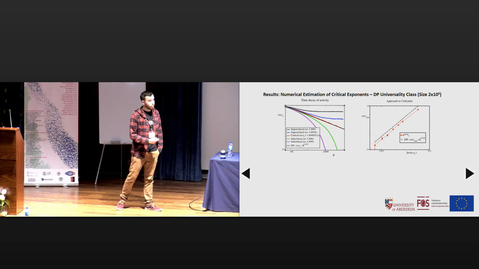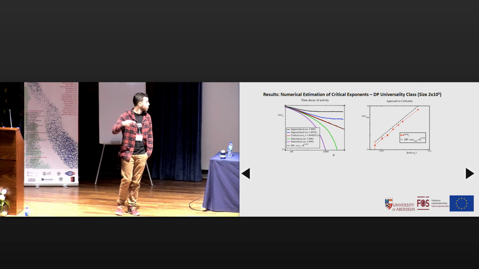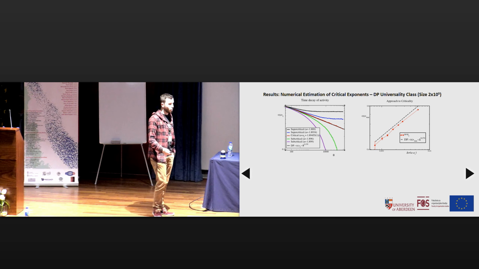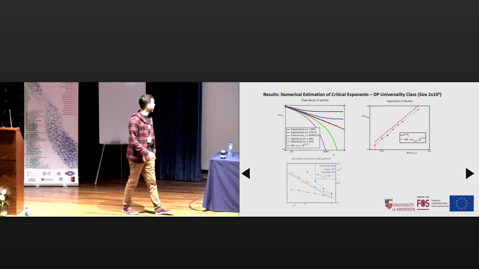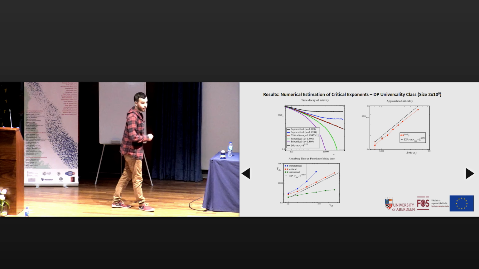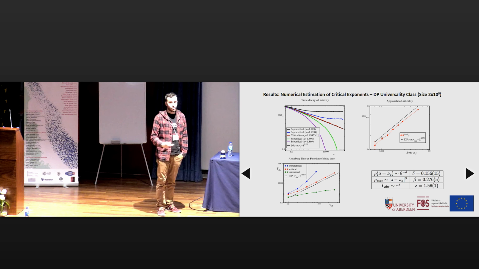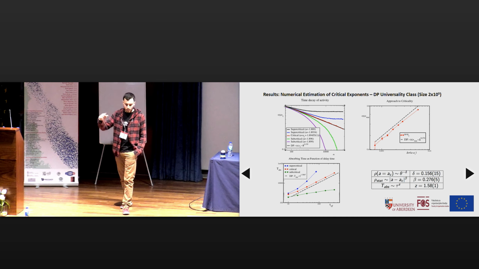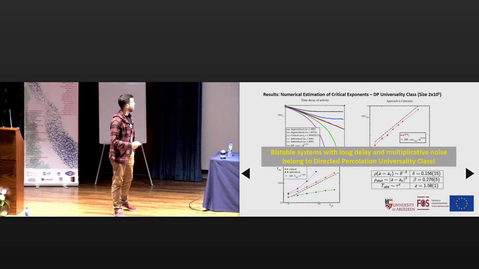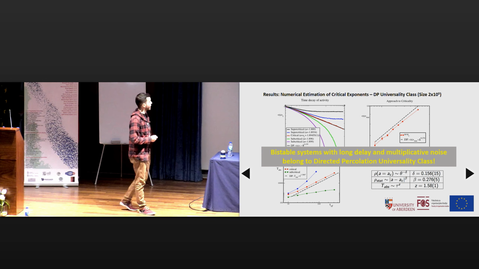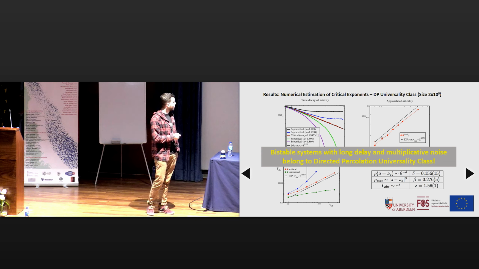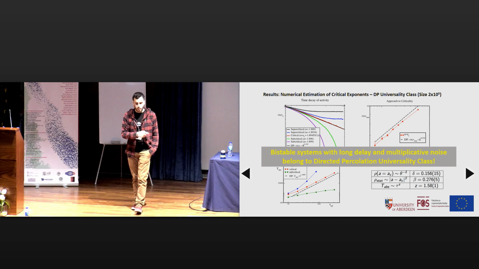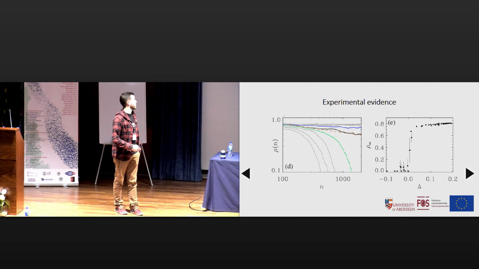The second one is the scaling of the stationary states, which is compatible again, and you hope the third one is going to be compatible, and voila, in fact this is compatible. So we find the three exponents of the universality class, and in the end, we claim that bistable systems with long delay and multiplicative noise belong to the directed percolation universality class. That is the main result of my research.